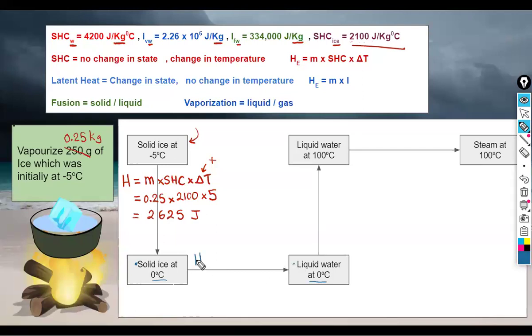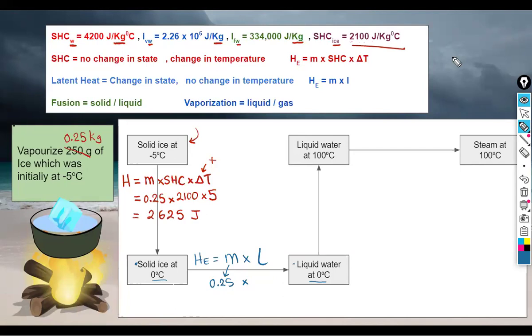So let's write the formula. H is equal to mass by. The mass of the ice has not changed. But what are we going to put here? Look at all the values on top. Call the color. It's either red, blue, green, or purple. Which one do you think goes there?